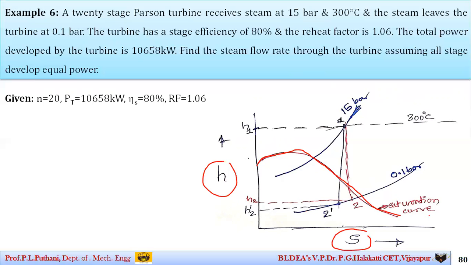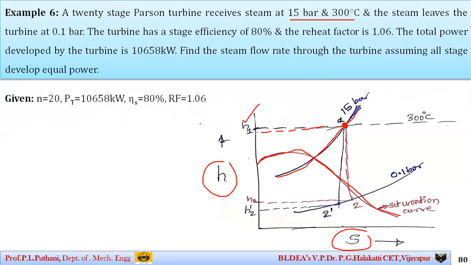For the given condition, 15 bar and 300 degrees Celsius, you should search for the 15 bar pressure line, and on this line see where the temperature line of 300 degrees Celsius cuts. Wherever these two meet, mark that as point 1, and note down the value of enthalpy as I have shown here. You will get the value of H1 at this particular point.